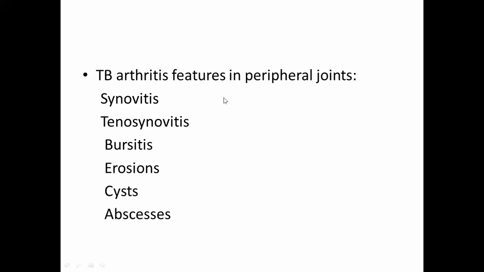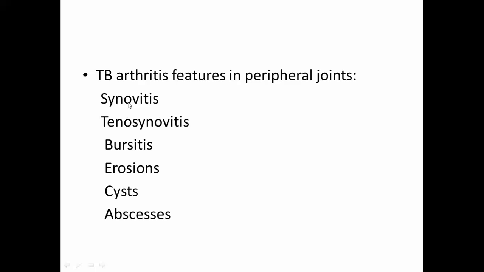In TB, if it occurs in peripheral joints, expect the following. Any joint has a synovium, so expect synovitis, infection of the synovium, thickening, proliferation, tenosynovitis, swelling and edema of the tendon sheath, bursitis, any bursa could behave the same as a synovium, and erosions due to destruction, erosions and cystic changes, of course with formation of the caseous material, the abscesses.